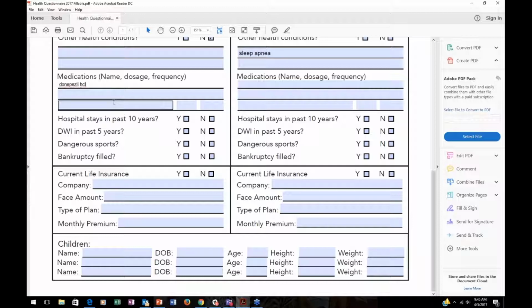So they just told us they have this medication, and we asked them a little bit more, and they tell us it's only a 20 milligram, and they only take it one time a day.